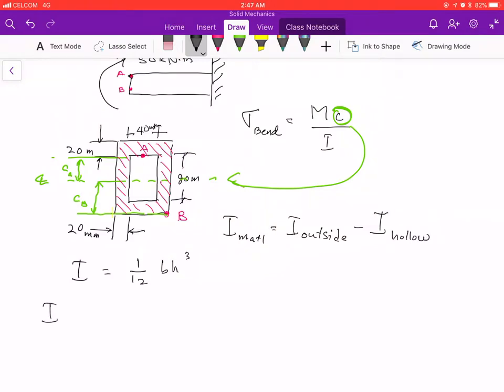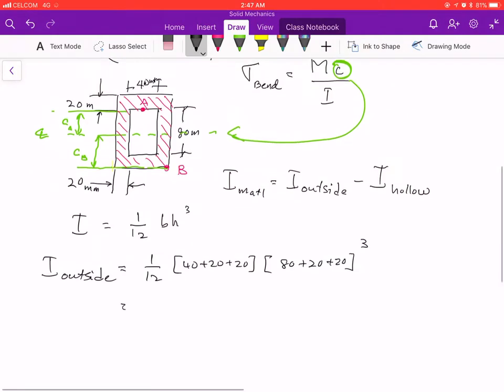So my moment of inertia of the outside is 1/12 times my B, sorry, my B is actually 40 plus 20 plus 20, and my H is going to be 80 plus 20 plus another 20, and cube that.